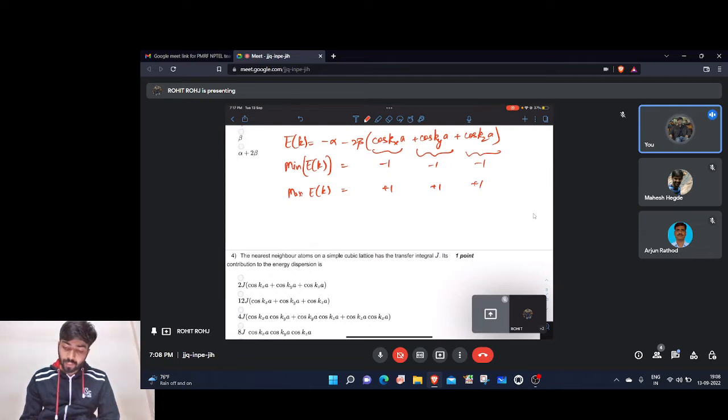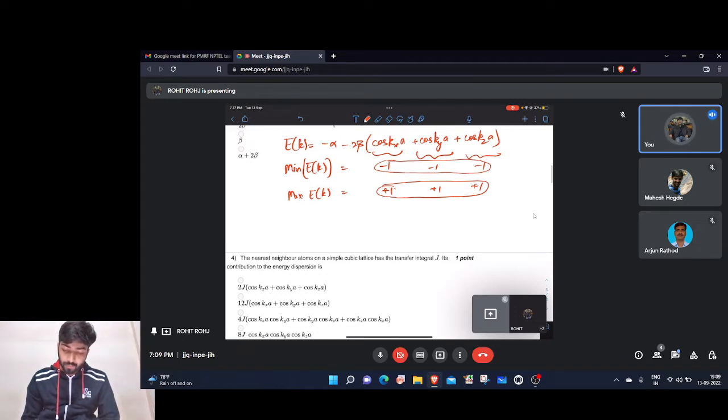So if minus 1, minus 1, and minus 1, if you add them, it becomes minus of 3, which comes out of the bracket as plus of 6 beta, and the maximum value it can take is plus of 3, which comes out as minus of 6 beta.